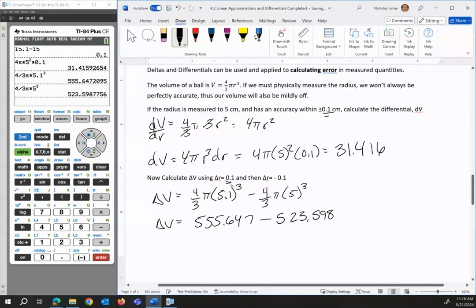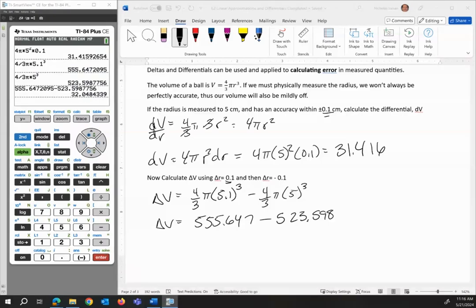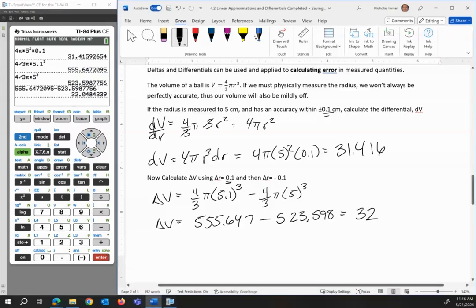All right, so if we over approximate our radius by 0.1 and we subtract these two values, it means our true volume would be off by 32.048.